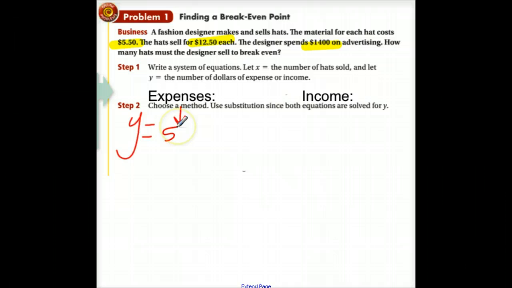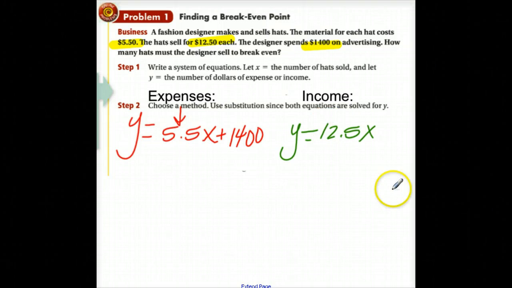It is $5.50 per hat just to make it, plus he or she spends $1,400 just on advertising. Then, for income, the amount that they make is $12.50 for every hat that they sell. All right, so we have a system of 2 linear equations.